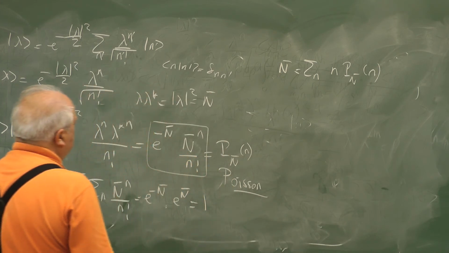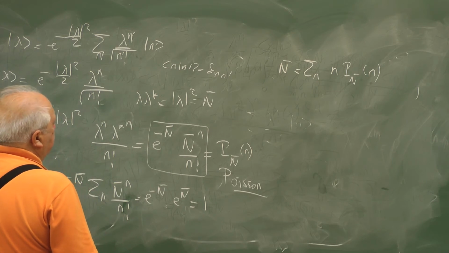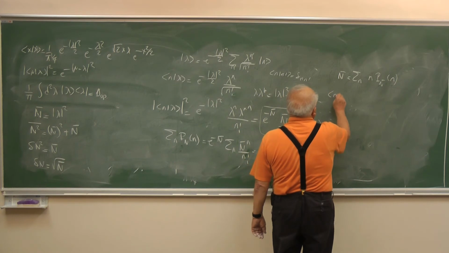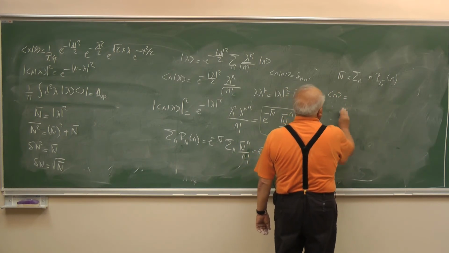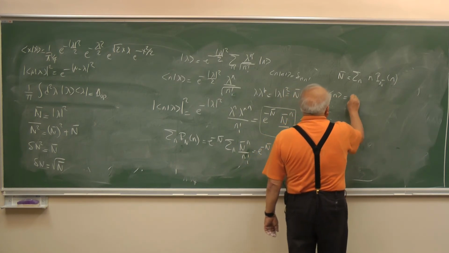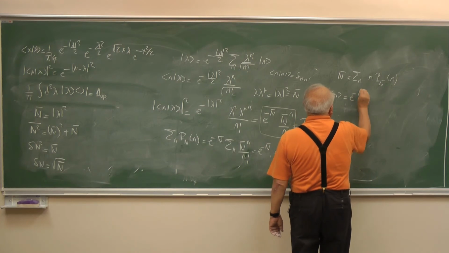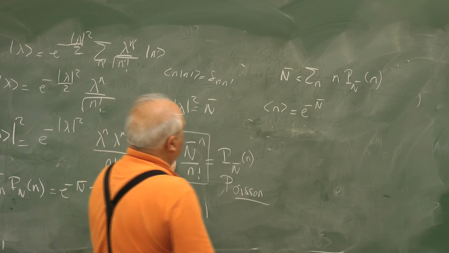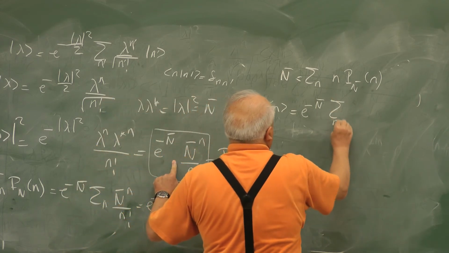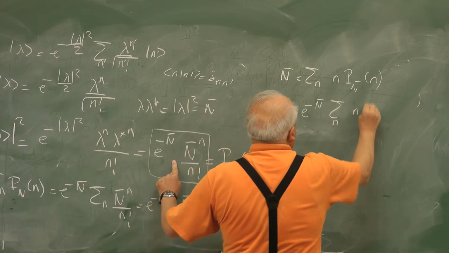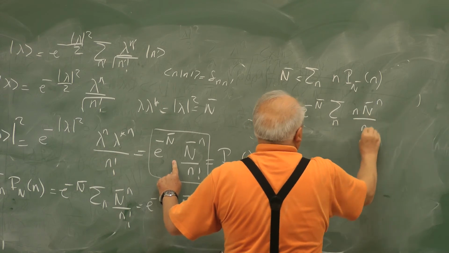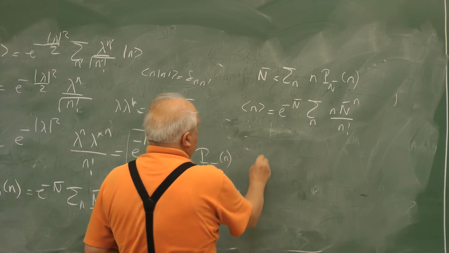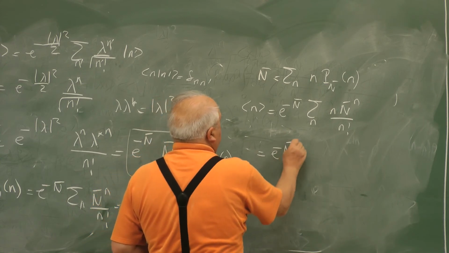So to compute this average n, we have e to the minus n bar, that's the first term. Then we must do this n n bar to the n over n factorial, and this sum you can get from e to the n bar.